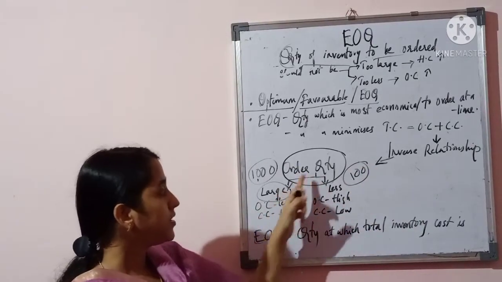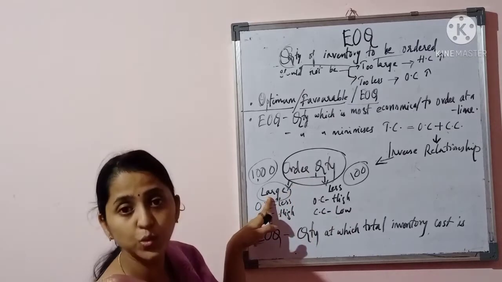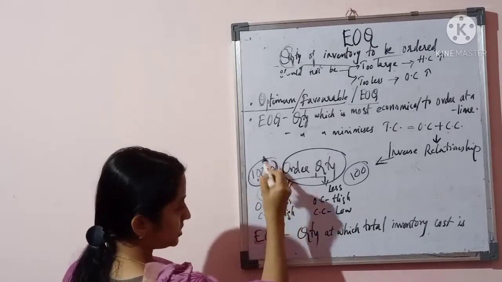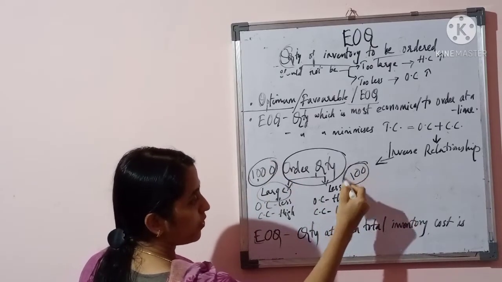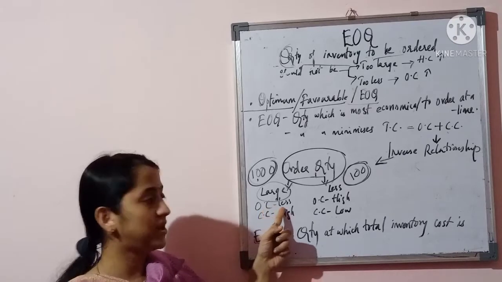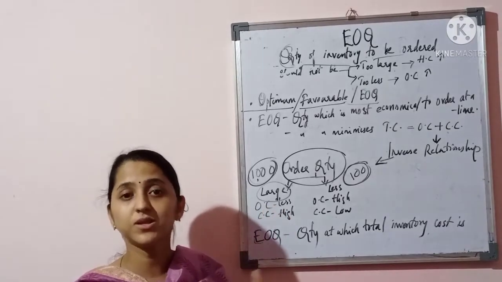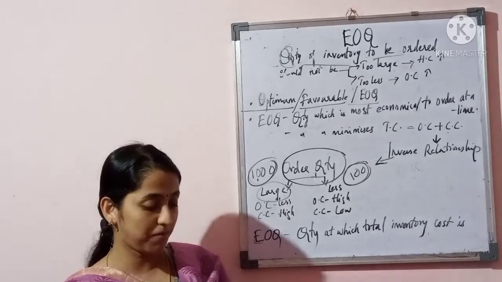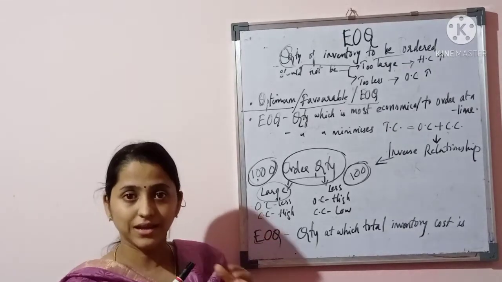So there, if the ordering quantity is large, that means if we order 1000 tons, and it is less if we order 100 tons. It is told that ordering cost will be less. That means we know if we purchase in bulk, we may get some rebates, discounts, like that.